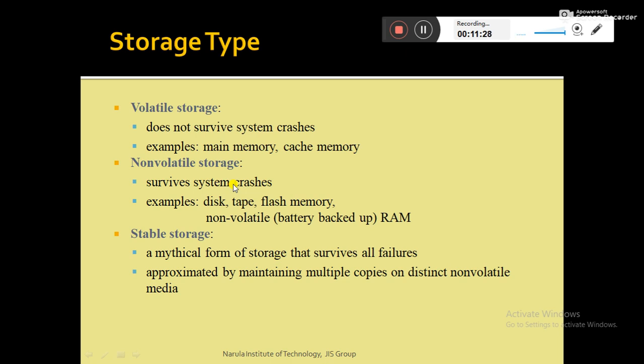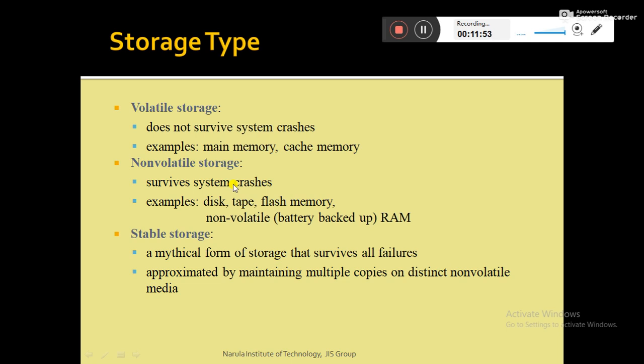And another feature is that as far as storage capacity is concerned, they can store a huge amount of data. Their memory capacity is much higher than volatile storage. But the access speed is on the lower side as compared to volatile storage.